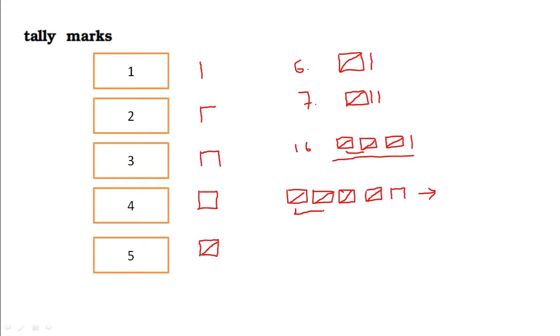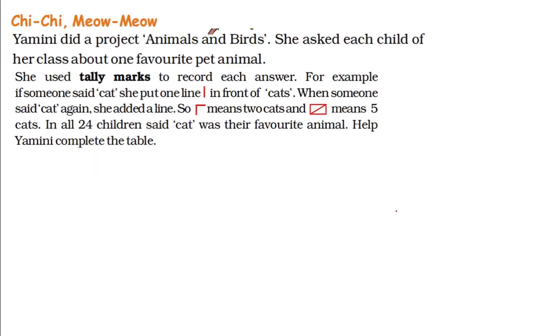Yes, 10, 20 and 3, 23. So symbolically 23 can be represented like this. I hope tally marks are clear to you. Let us move on and use these tally marks. How do we use these tally marks?